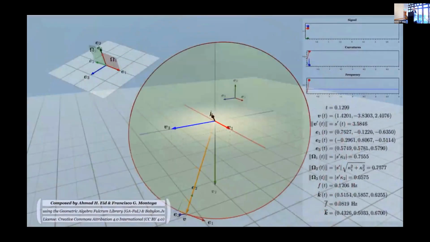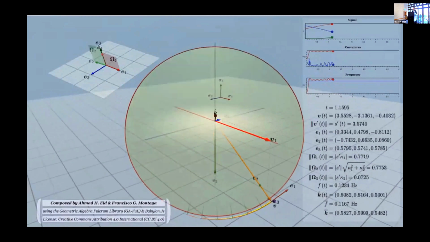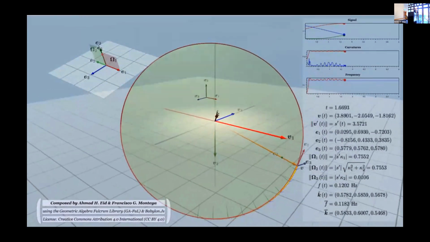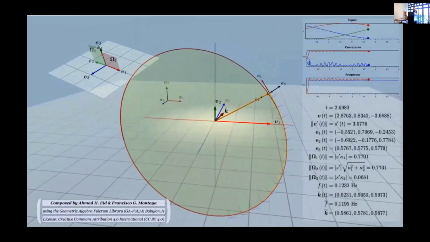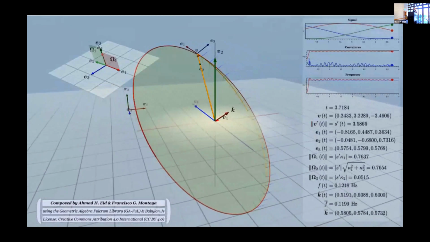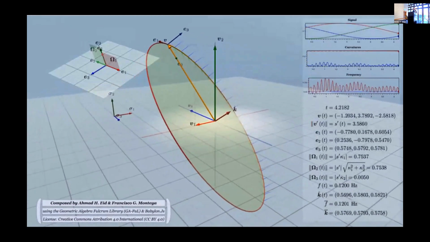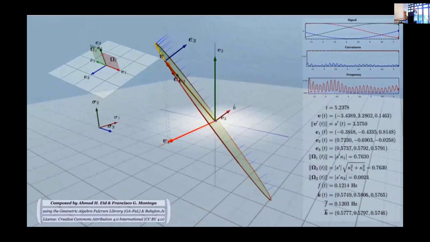This final case is a real signal we measured in a low voltage panel in our laboratory at the University of Almeria. As you can see, it's very near to a circle. It's almost balanced.